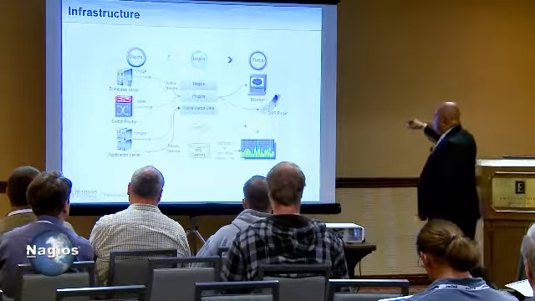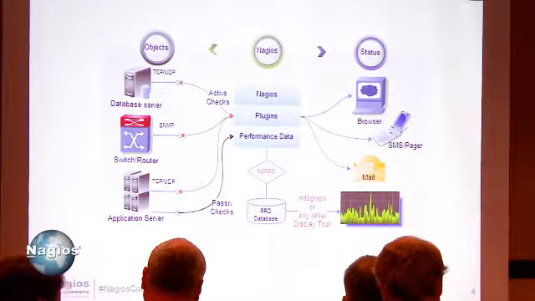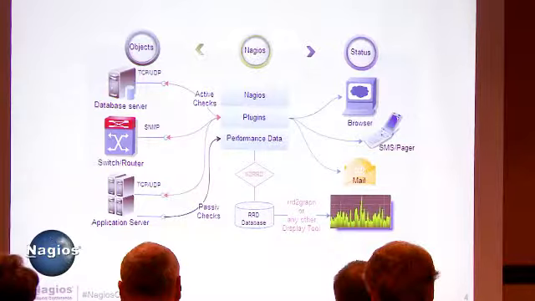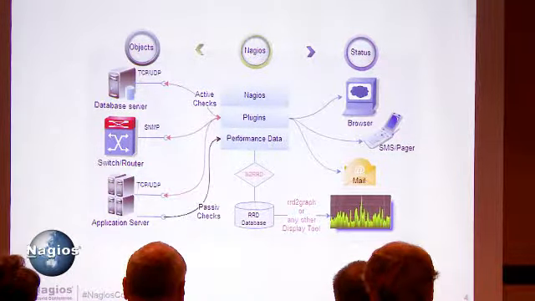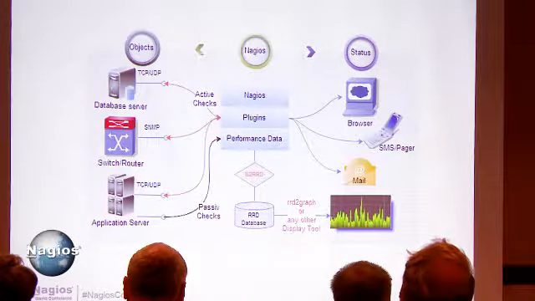Nagios interacts with the core Nagios and plugins, performance data, and it has continuous checks on all the devices. So in this business impact analysis, we can use something like that to test the network and the communications around the infrastructure. Okay.